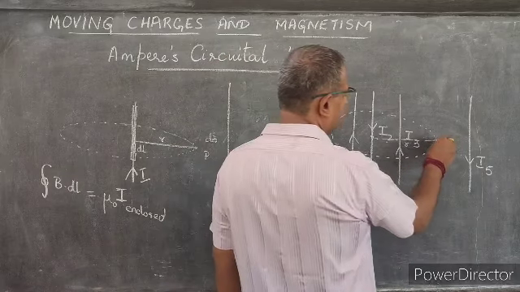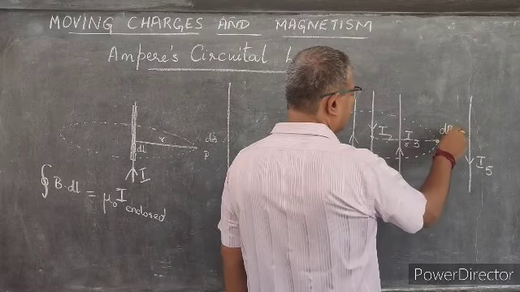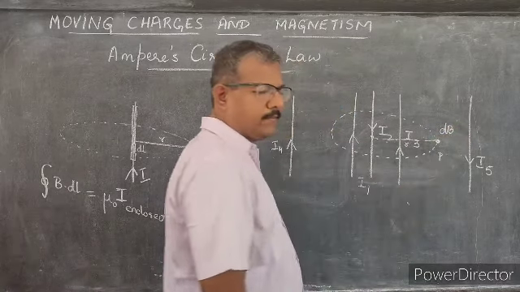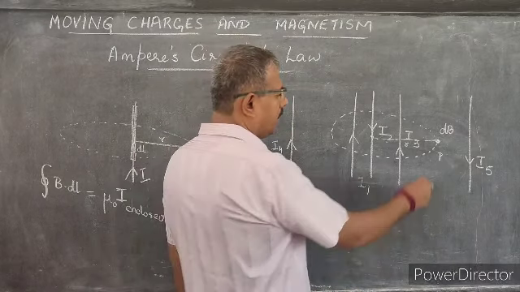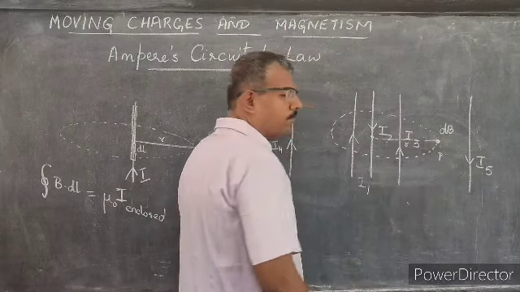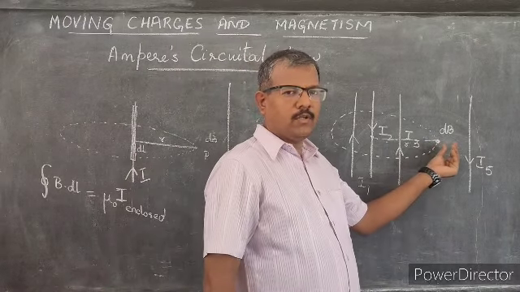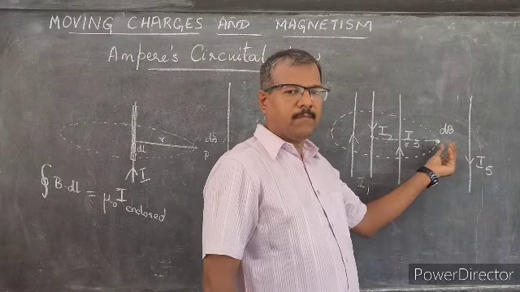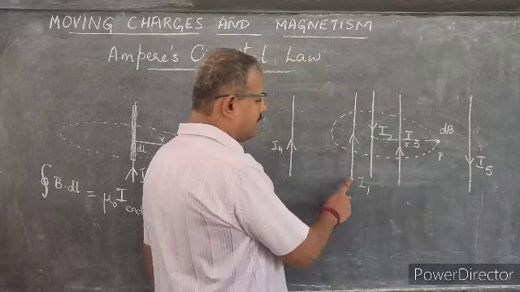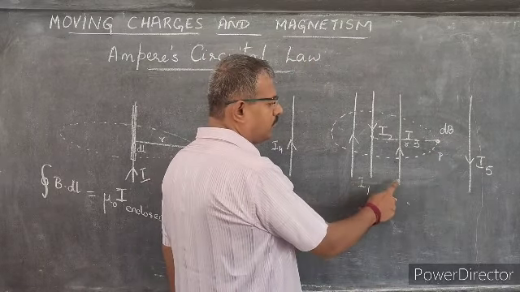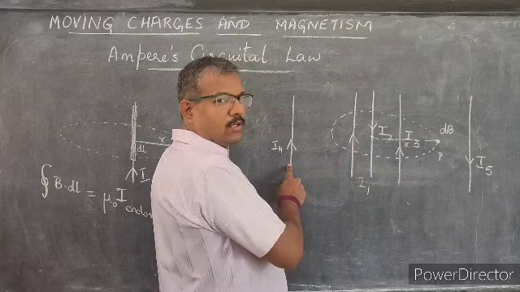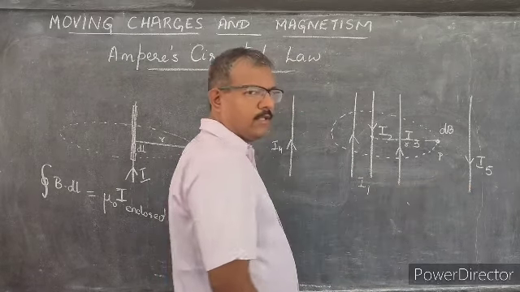Now, whenever I consider the magnetic field dB at this point, this magnetic field is the sum total or the algebraic sum of the magnetic fields due to the currents I1, I2, I3, I4 and I5.